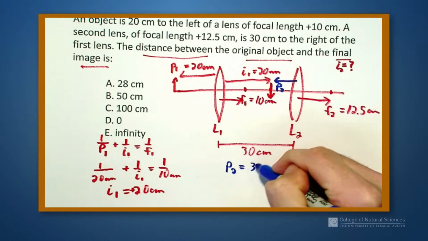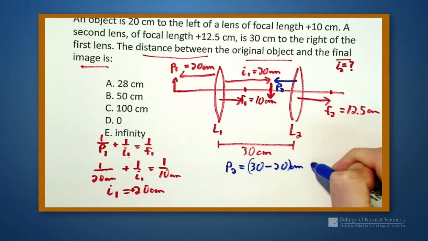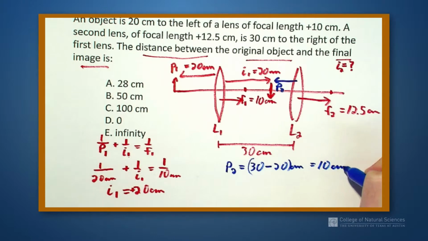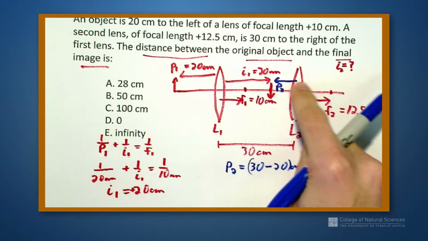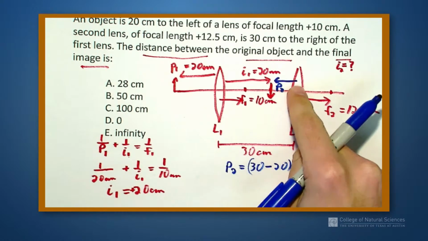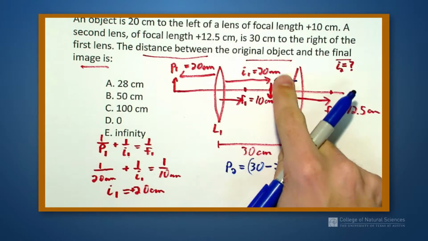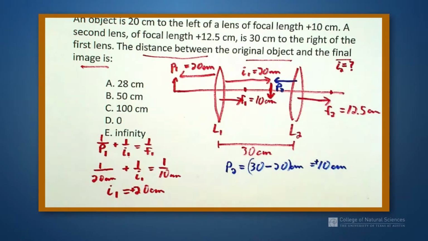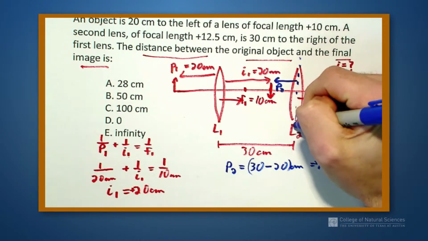So it's 30 minus 20 centimeters, or 10 centimeters. P2 is 10 centimeters. It's 10 centimeters backwards from lens 2 to get it. And it's a positive value because it's on the left of our lens, and this is where we get positive object locations for a lens. So we're now measuring off of lens 2.